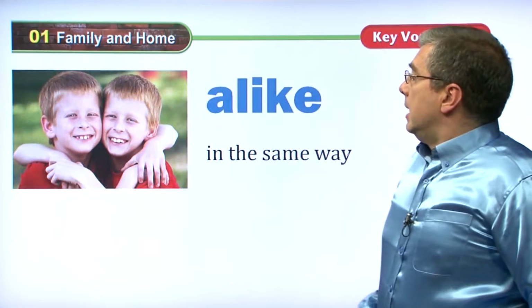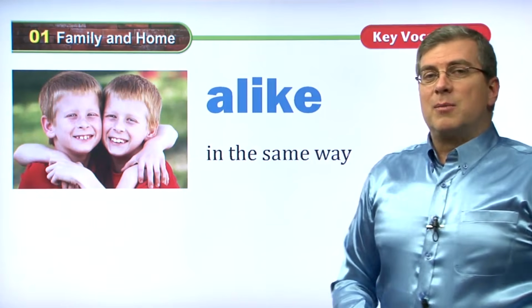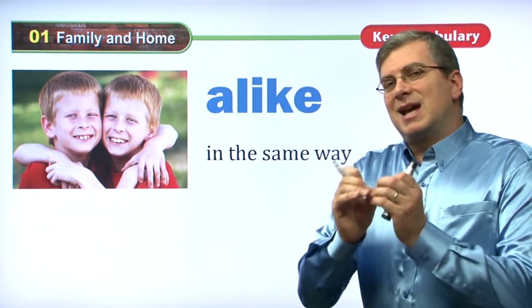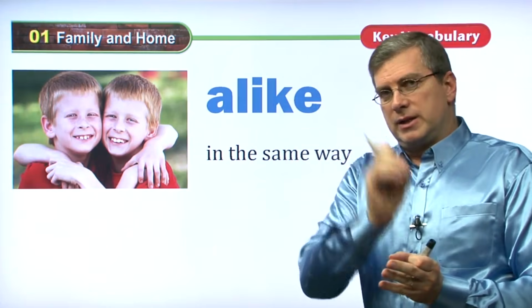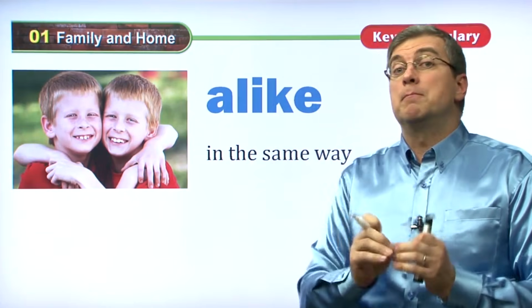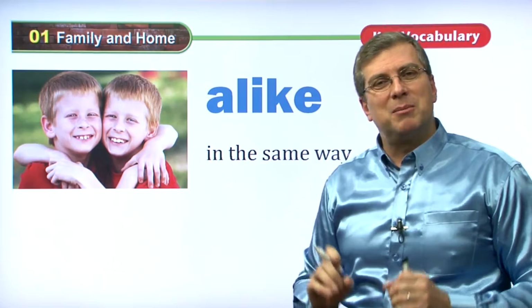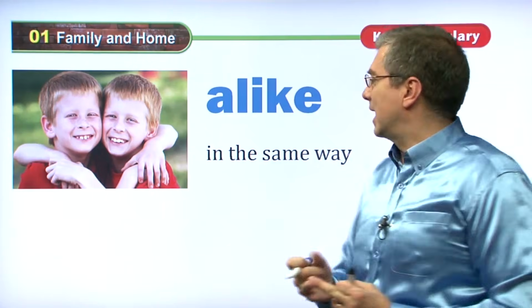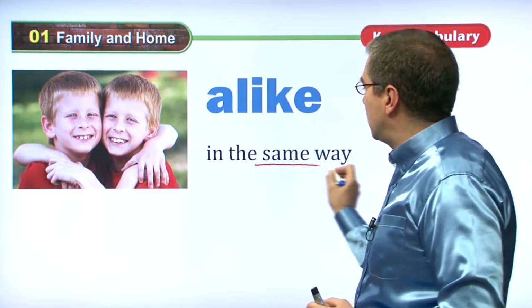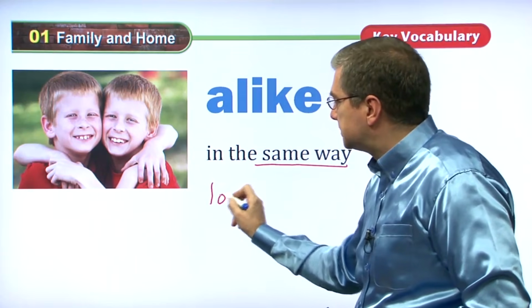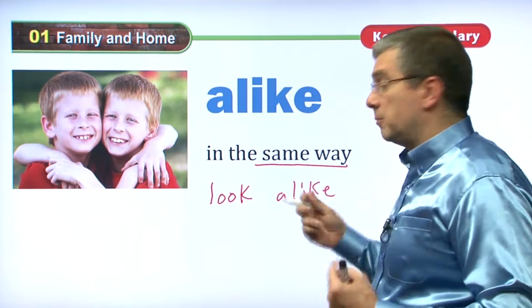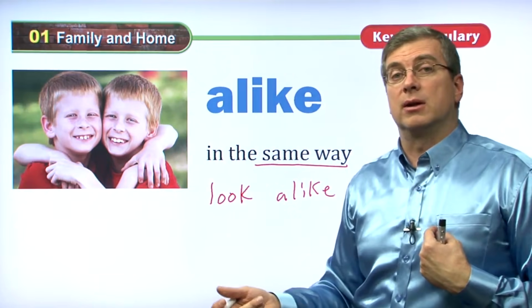Okay. Now, another thing we can talk about, something interesting about families, is that people inside the family, remember the family is a group, there are different members of the family, different people in the family, but the family members are alike. They look alike and they might act alike. In other words, in the same way. So people can look alike. For example, people tell me I look like my father, right?